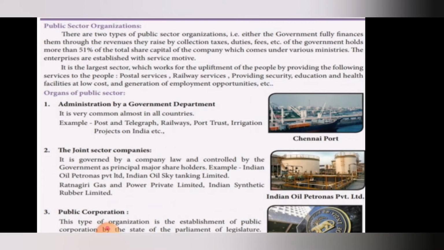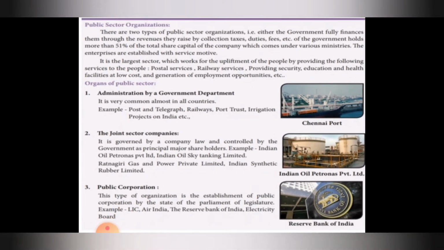Organs of public sector. There are different organs of the public sector. We'll see what they are. First one is administration by a government department. It is very common in almost all countries.